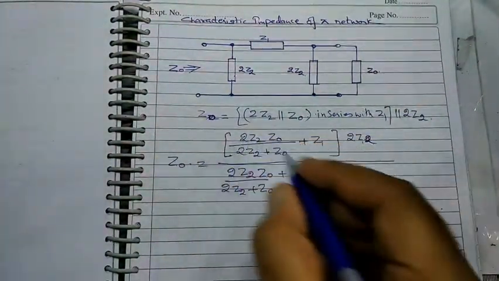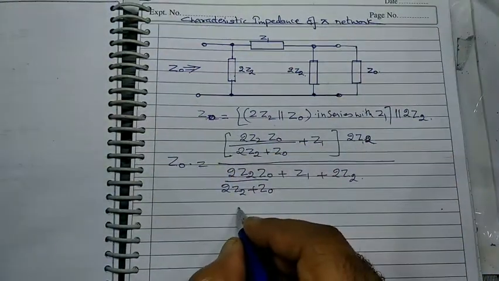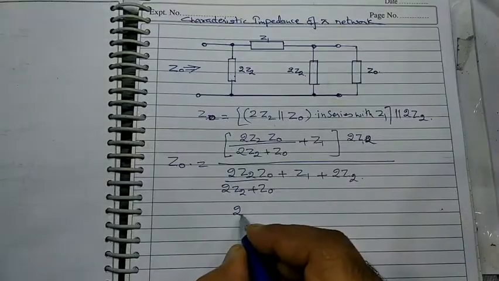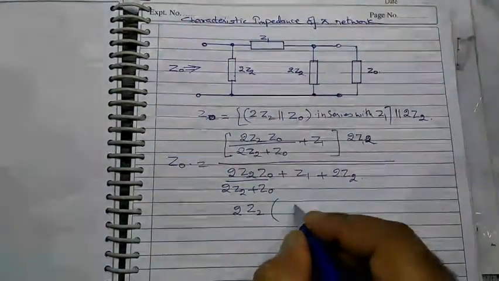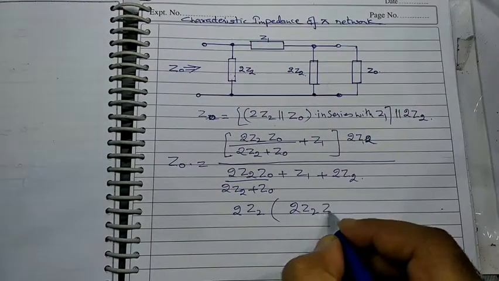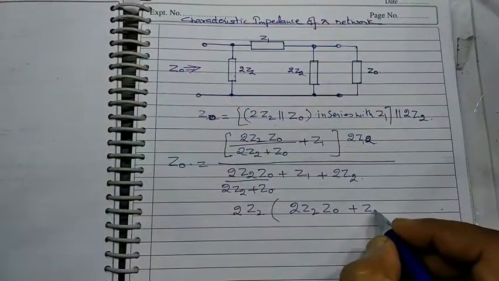Multiply this inside and open the brackets. So we get 2Z2 times 2Z2 ZO plus Z1.